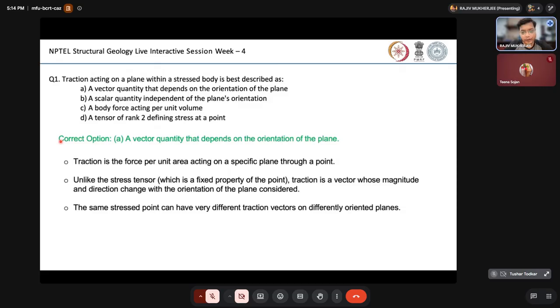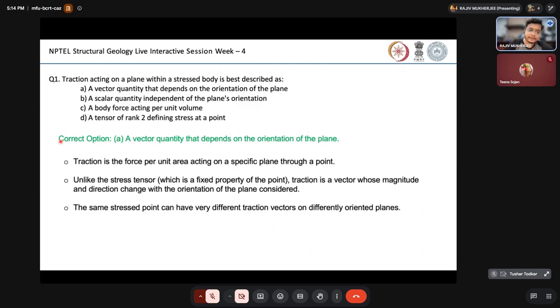By adding up all the components for each plane that constitutes the three-dimensional unit reference cube with respect to which we estimate the stress at a point, we get a rank 2 tensor, because it contains information regarding the magnitude of each component and the direction of each component.